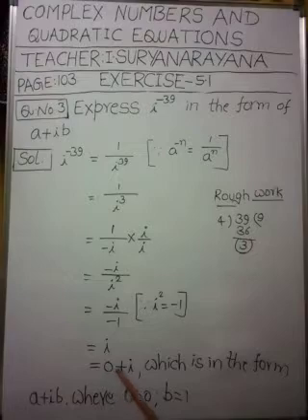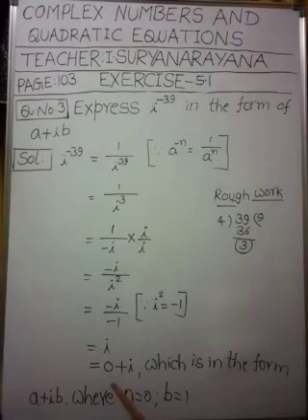We write 0 plus i, which is in the form of a plus ib, where a is equal to 0, real part is 0, and b is equal to 1, imaginary part is 1. Imaginary part is nothing but the coefficient of i. In this expression, the coefficient of i is considered as the imaginary part, meaning b. Understood this point, my children?